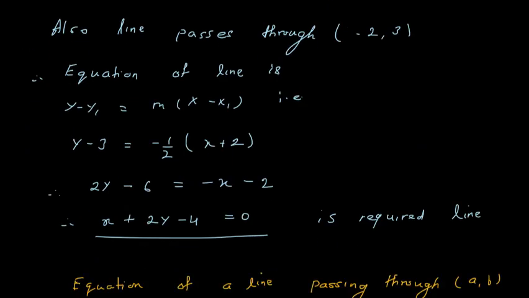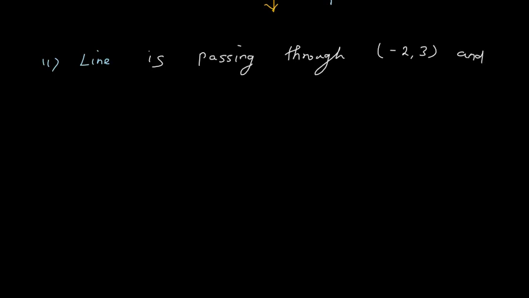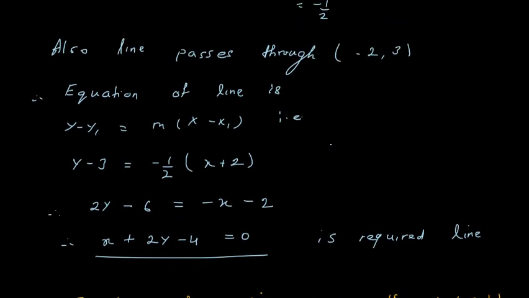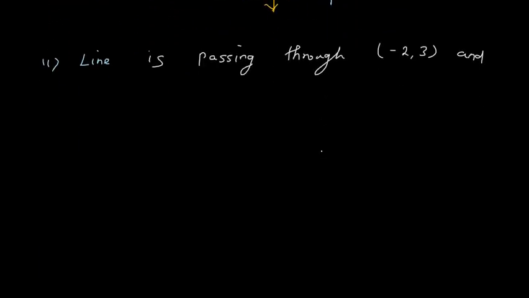Now here the line is passing through -2, 3 and perpendicular to x axis. So here our second part is: line is passing through -2, 3 and perpendicular to x axis.